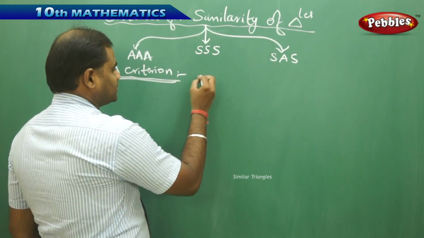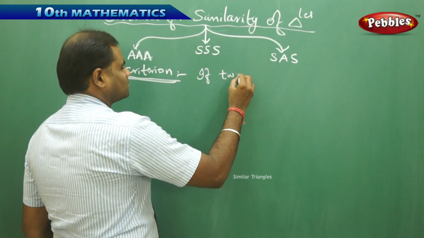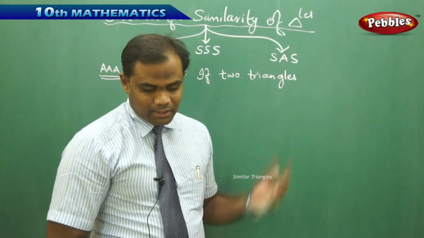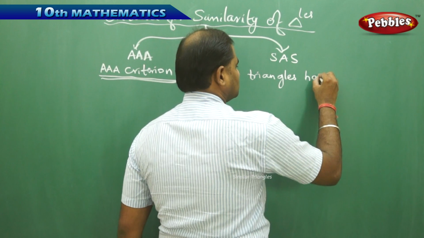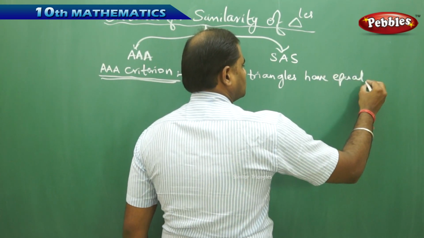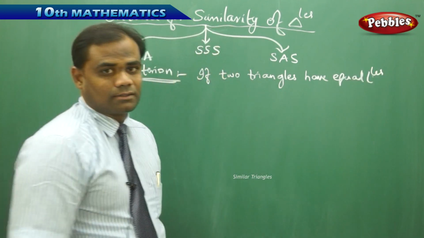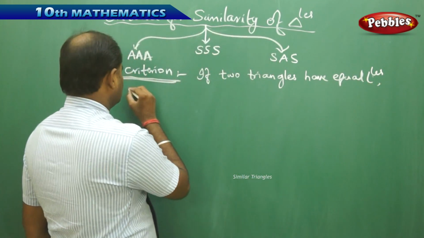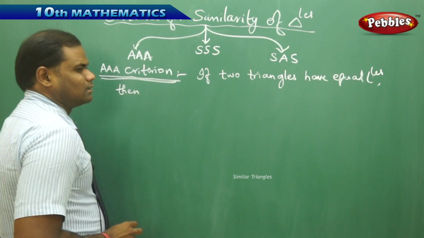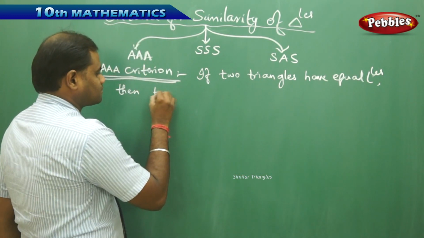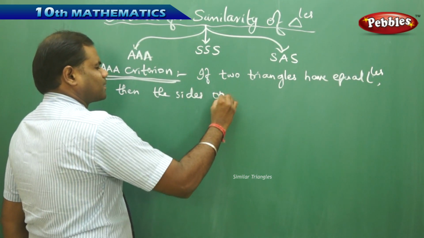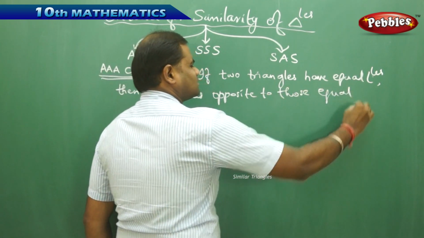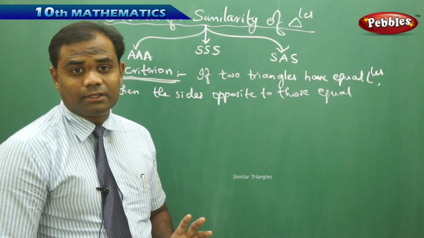Initially, the AAA criterion says that if two triangles have equal angles, that is, their corresponding angles are equal, then the sides opposite to those equal angles, the correspondingly equal angles, will be in the same ratio.